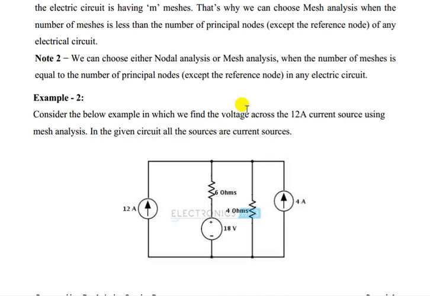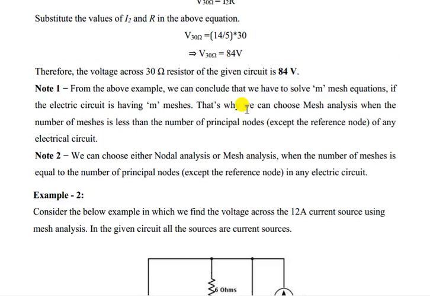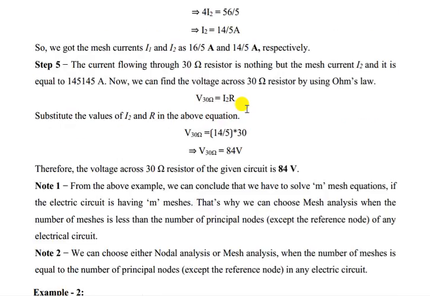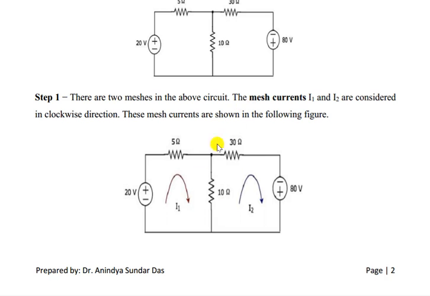If we have to find branch currents or mesh currents, mesh analysis is better. Another thing to consider is how many equations you will get from the circuit, nodal or mesh. Whichever has fewer equations to solve is the better choice.